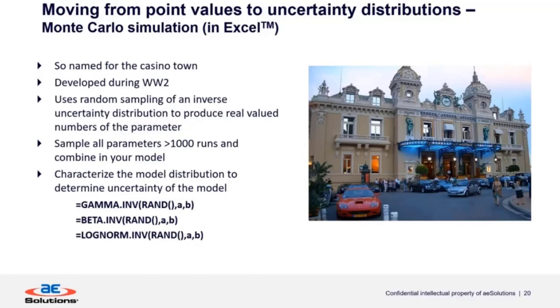So in other words, you're creating a random sampling to generate real value numbers of the parameter, whether it's time, failure rate, probability of failure, and you're running at least 1,000 runs, and you combine in your model, in your equations together. You come up with the answers for each iteration. You characterize that as a distribution, and then you can read the uncertainty directly from the combined model.